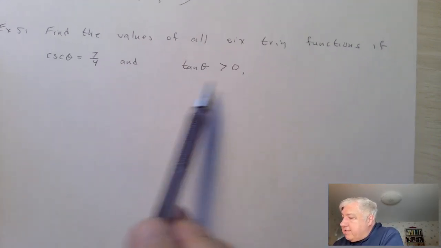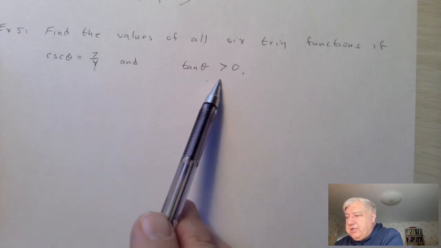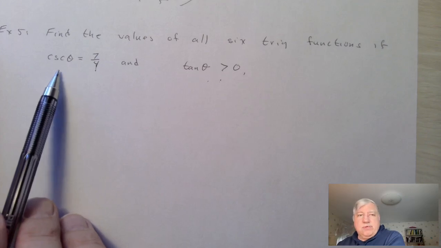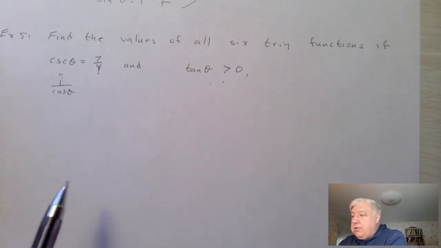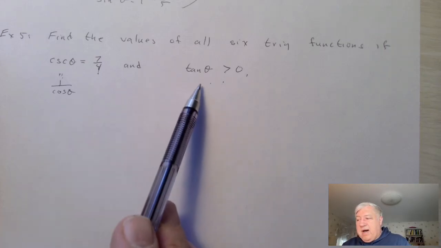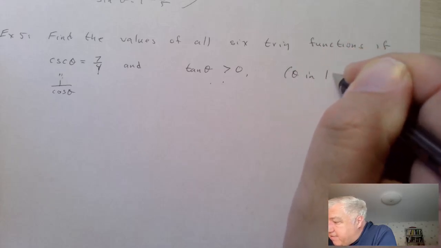Here the cosecant of theta is 7/4, and the tangent is positive. Here we can see the cosecant is the same as 1 over sine. So the sine is positive, and the tangent is positive, so the cosine is positive, which means theta is in the first quadrant.